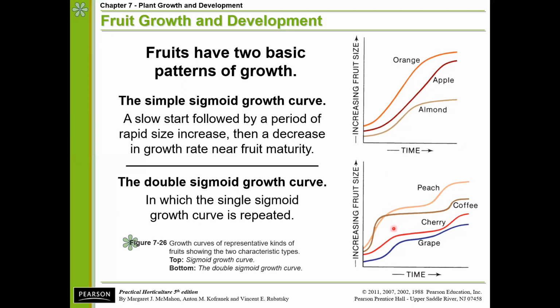So in this case, we've got a double curve where basically it's going to increase in size initially, a period of rapid expansion, and then it's going to begin to just mature, develop the sugars, etc. And then after it gets to a point where those sugars are developed, it's going to go to the next stage of expansion.